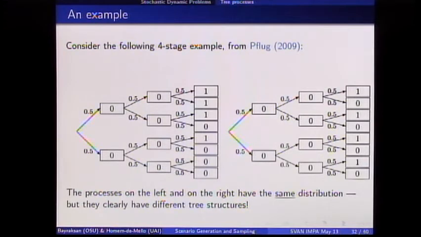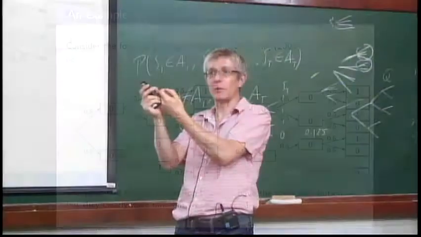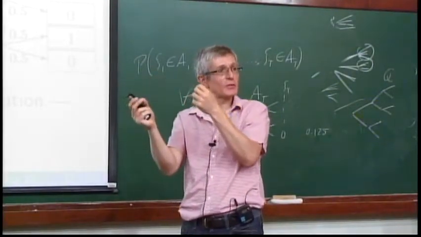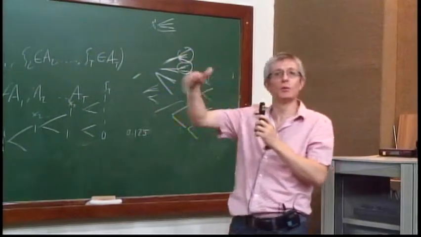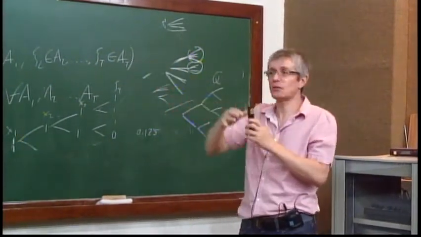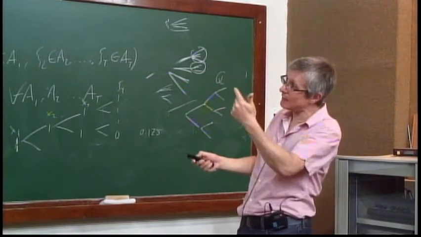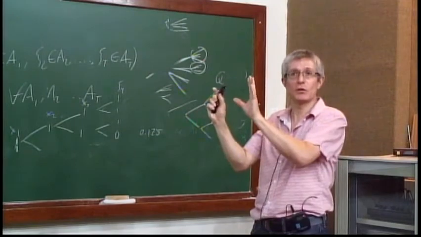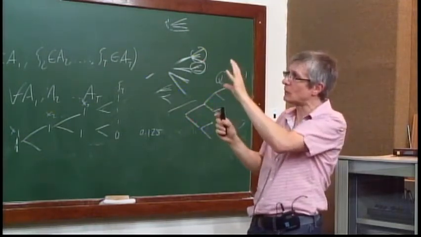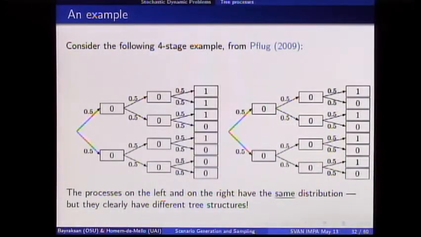What is the message here? It doesn't suffice, for this purpose, just to keep the distributions of the random variables. We have to keep the information structure as well. That's what makes these problems difficult. It's not just like in the two-stage case where you just have to deal with the distribution of the random variables. Now we have to deal with the distribution and the information structure behind. That is the values of the random variable, but we need to keep somehow the information about the tree structure.